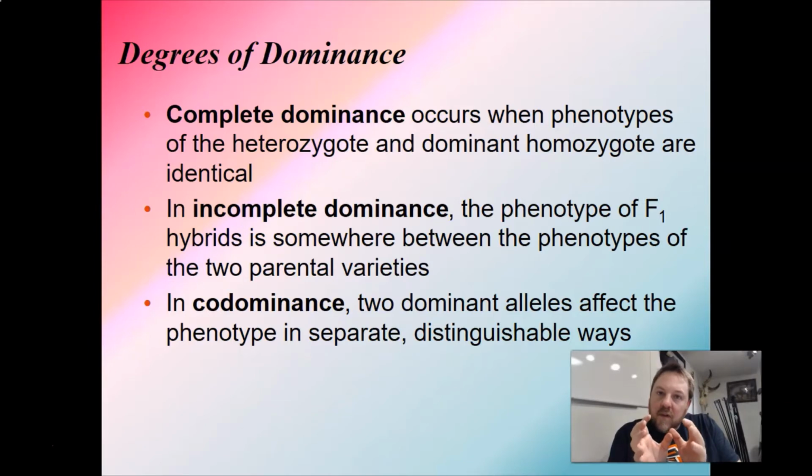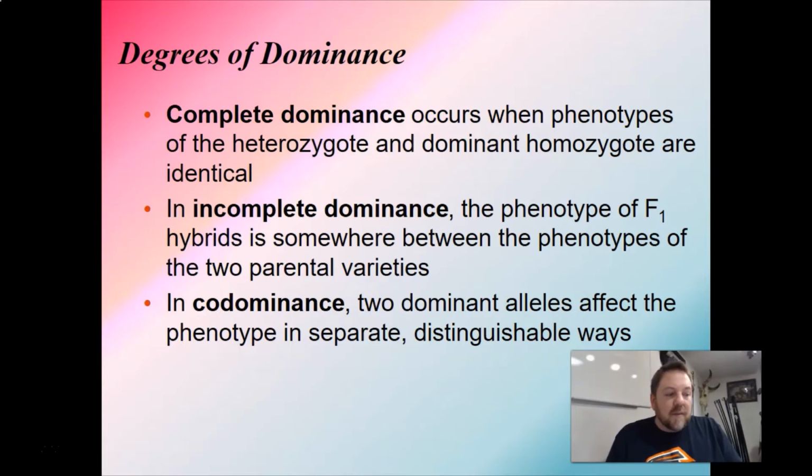If that heterozygote is a blend, which is what people used to think, right, the blending hypothesis, then you're looking at incomplete dominance. This is not true, but imagine if it was like the tallness gene. Big T is tall, little t is short, big T, little t, medium. That would be incompletely dominant, but you know that's not the case. Big T, little t is still tall, so that's completely dominant. So we'll take a look at incomplete dominance.